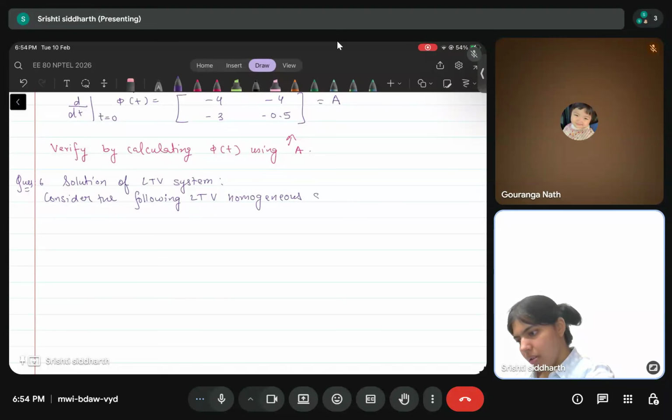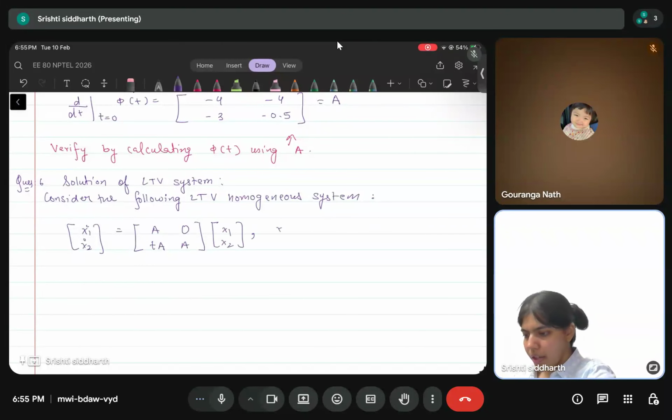This is x dot, and the initial conditions are z1 and z2.